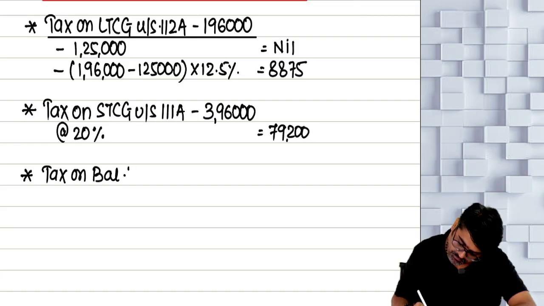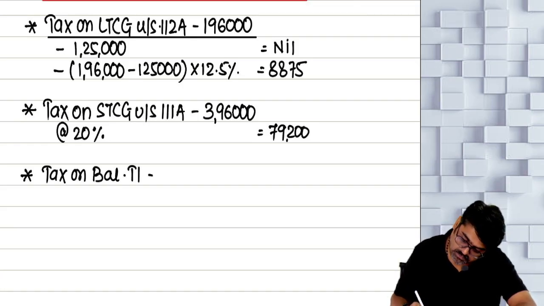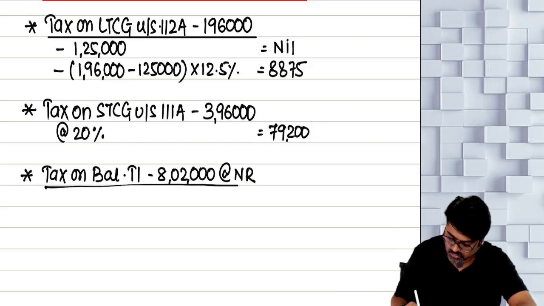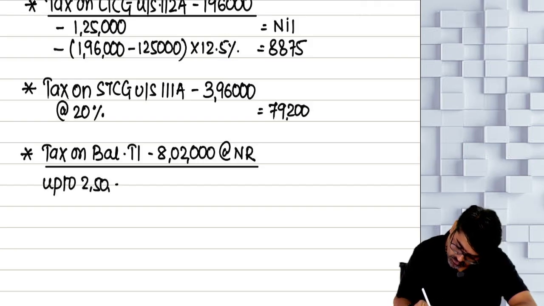And now tax on the balance total income. What is the balance total income? Tell me. 8 lakh 2,000. Yes or no? At what rate? Normal rates. So at normal rates, up to 2,50,000, how much tax?